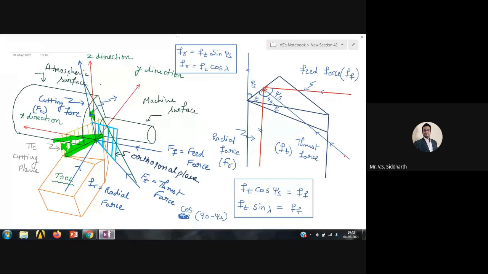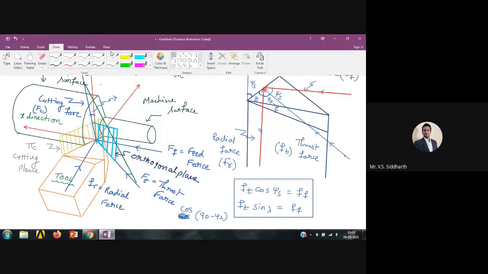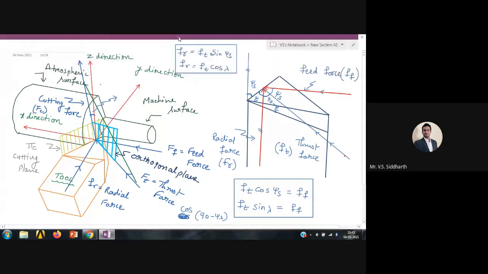So at what angle is the cutting edge inclined backwards? What is that angle? If you forget tool signature, then how will we solve?